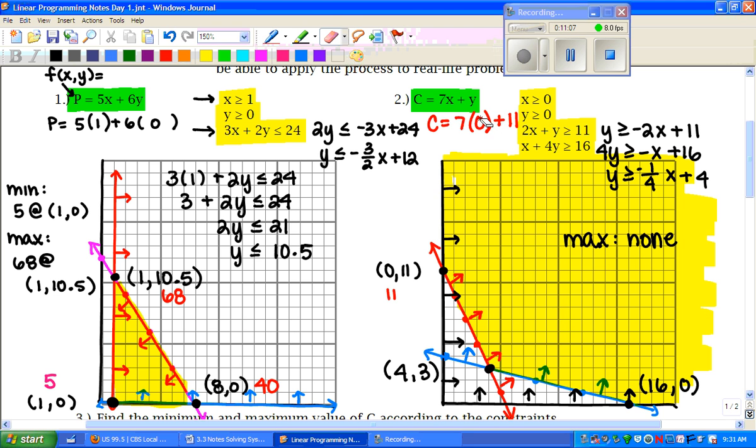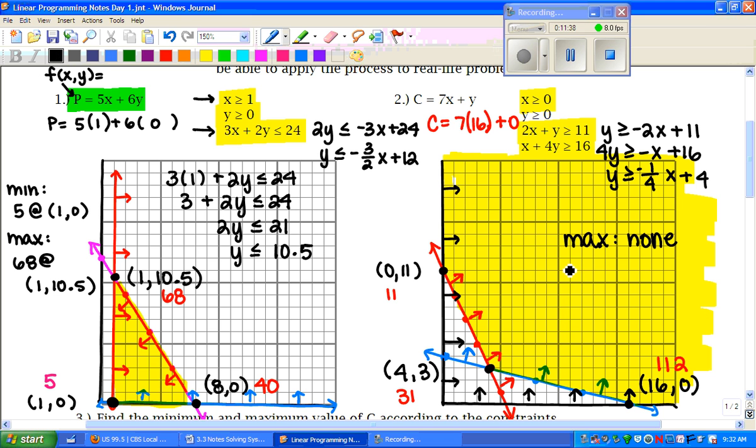If I go to 4 comma 3, I'll go back to that objective quantity, plug in 4 for x and 3 for y. If you need a calculator, go ahead and use it. It should give you 31. And for the last one, we're going to plug in 16 for x and 0 for y. Again, if you need a calculator, use it. It should give you 112.